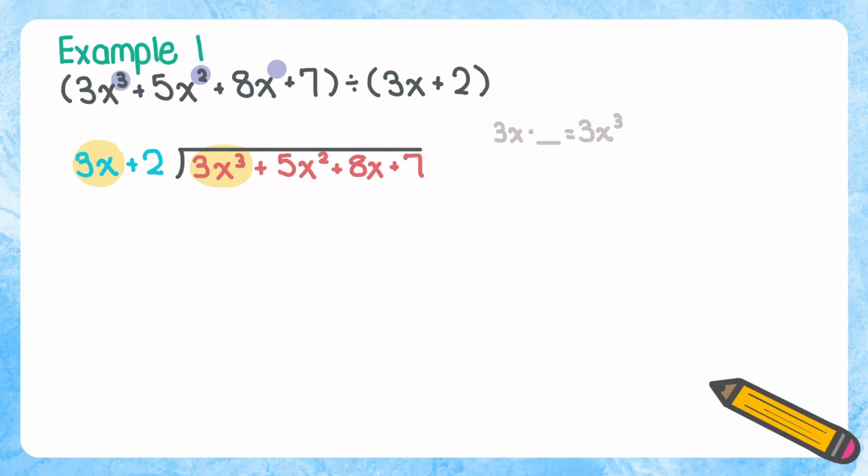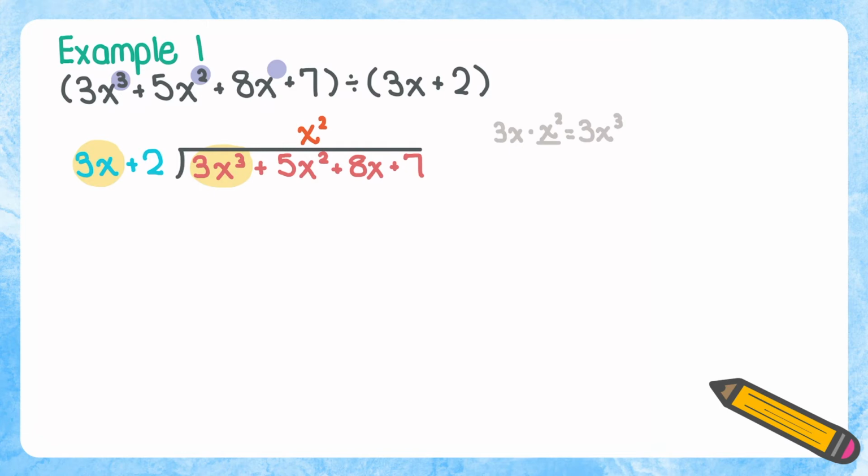I noticed that x squared would go in the blank because 3x times x squared is indeed 3x cubed. So I'm going to write the x squared over here. And notice that I'm writing it on top of the quadratic term because x squared is also quadratic.